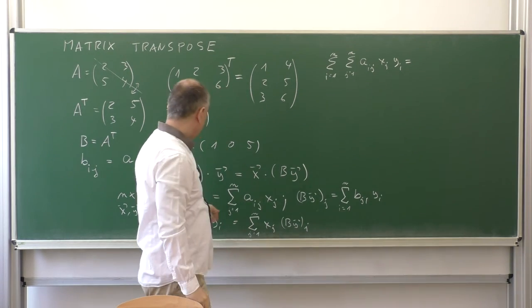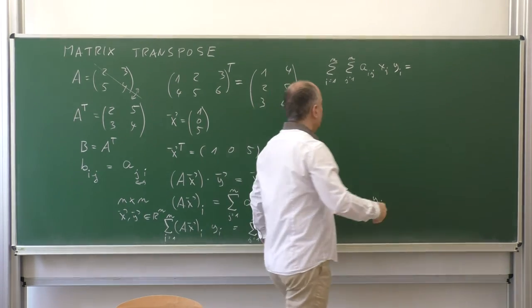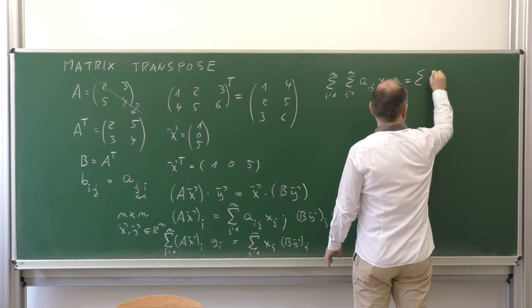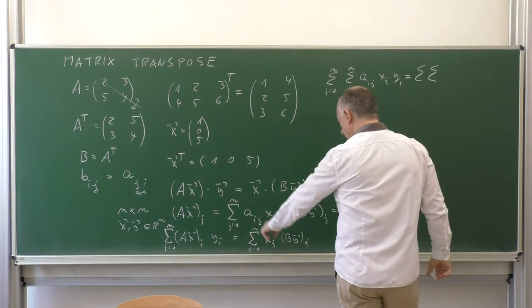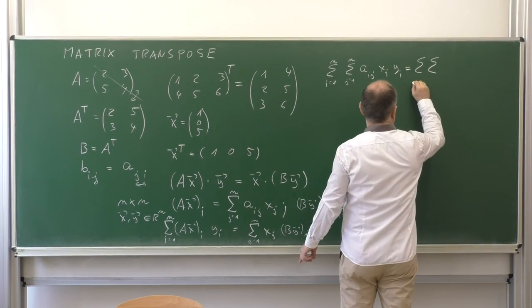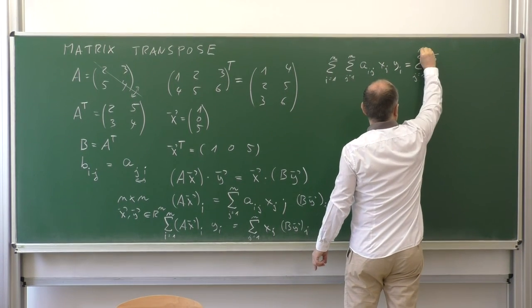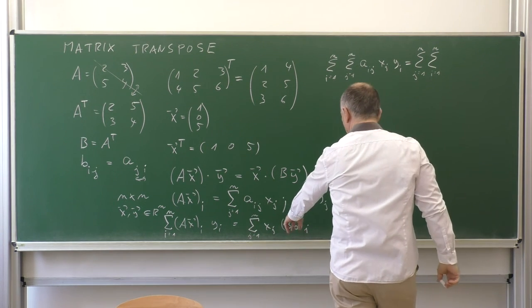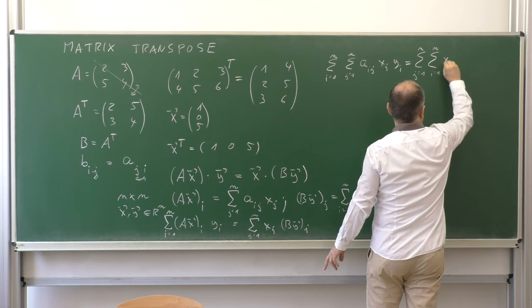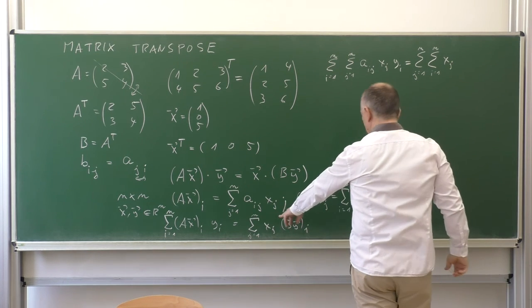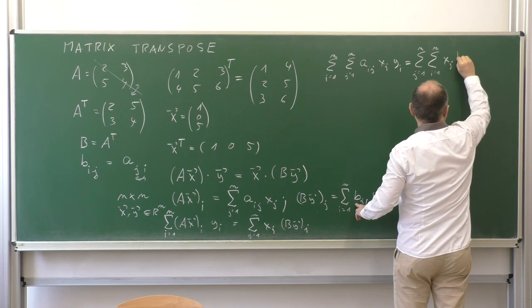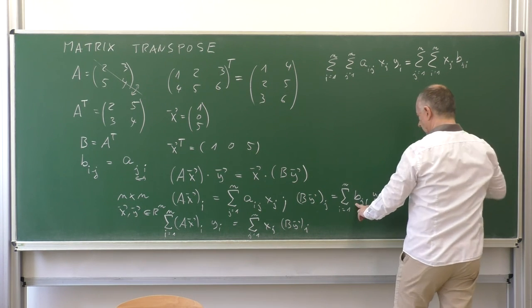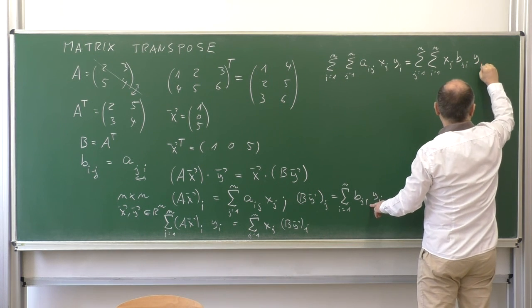And on the right, we have again the double sum. j runs from 1 to n, i runs from 1 to n, and then we have x_j times b_ji times y_i.